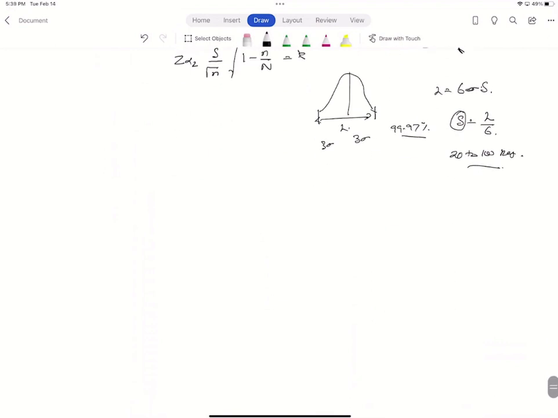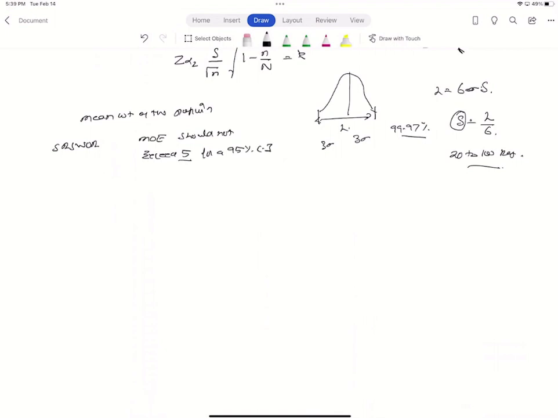So let's do this. Suppose we want to study and estimate the mean weight of the population. Okay, and we will do a SRSWOR and get a sample, and then we will stipulate that the margin of error should not exceed 5% for a 95% confidence interval.